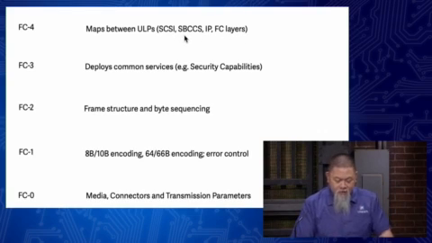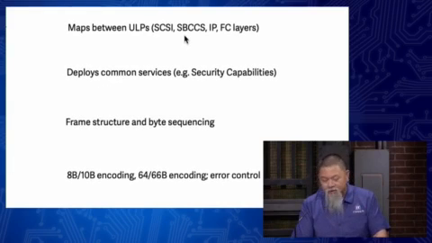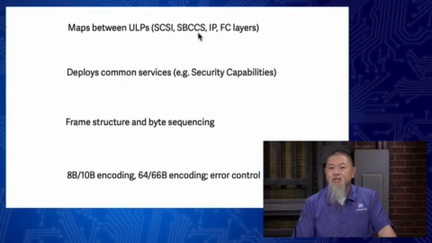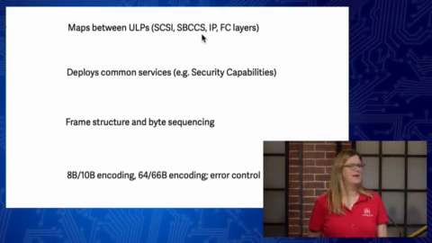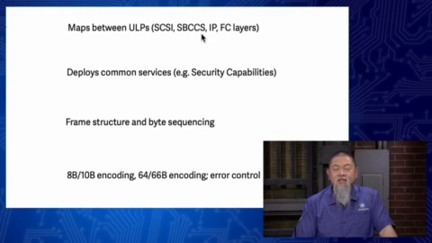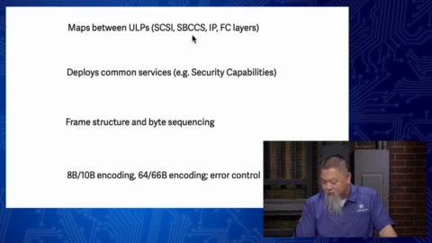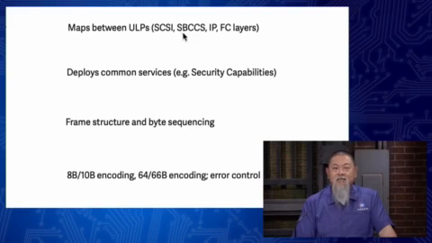And then this one right here, Vaughn, is kind of an unusual acronym for us. Have you ever seen this one? SBCCS. There's a whole bunch of letters up there, Ronnie, that I am really not familiar with at all. Yeah, this is weird. This is IBM's proprietary way of doing things, IBM's single byte command code set. Yeah, go figure.